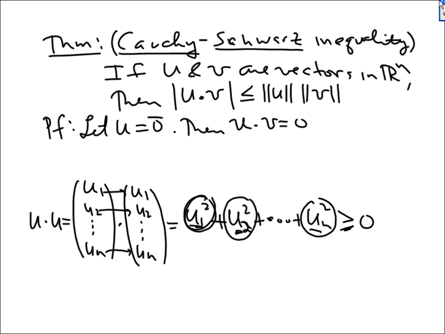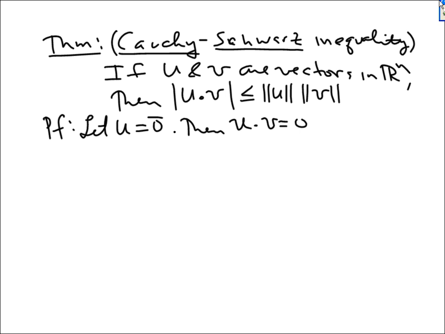Not 0, but positive. So either these values are positive or they're 0. And you can't take zeros and add positive numbers in once in a while and then get 0. The only way the sum is 0 is if all the numbers you added were 0. Okay, so that was just a side note.